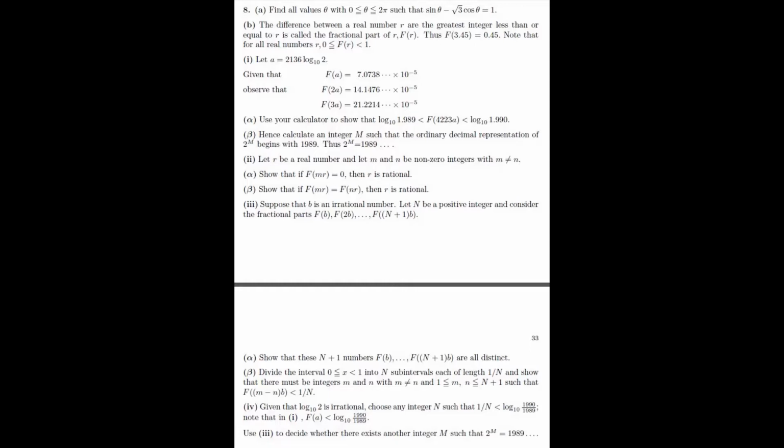And part beta says to divide the interval x greater than or equal to 0 and less than 1 into N sub-intervals each of length 1 on N, and show that there must be integers m and n with m not equal to n, each between 1 and N+1, such that the fractional part of (m minus n)b is less than 1 on N.